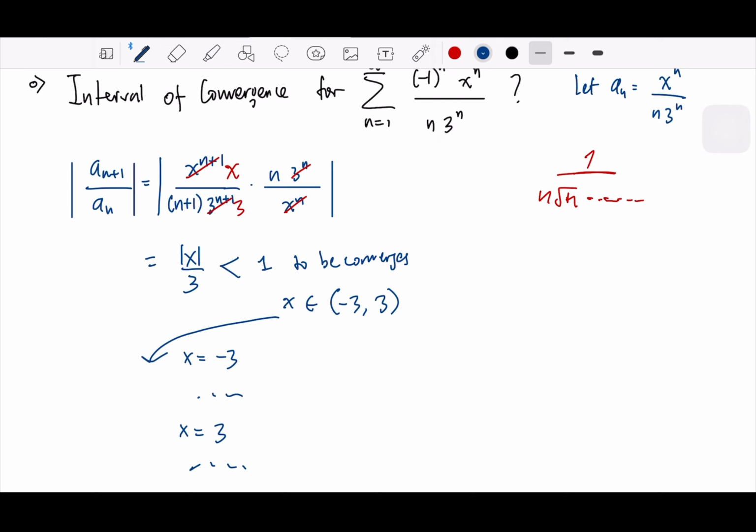So this is our interval probably here, but we need to make sure whether we need to include both endpoints or maybe remove some of them. Okay, so we need to check -3, put it in the series, and determine whether it converges or diverges. Okay, I hope you can practice.